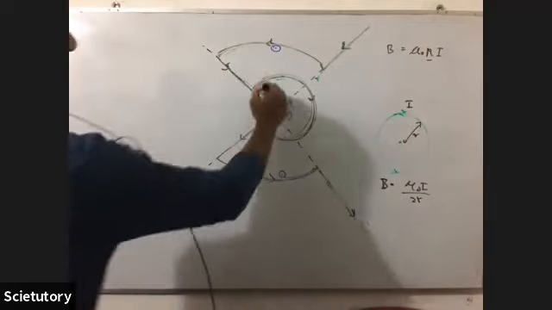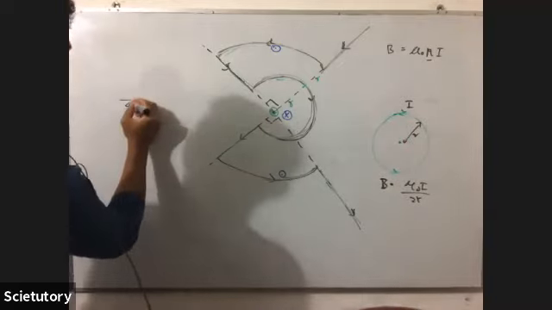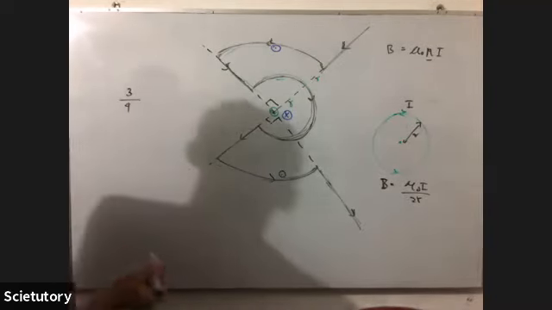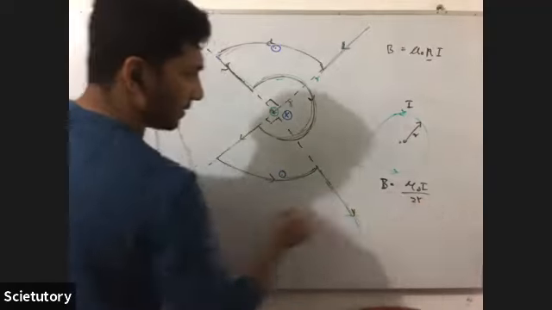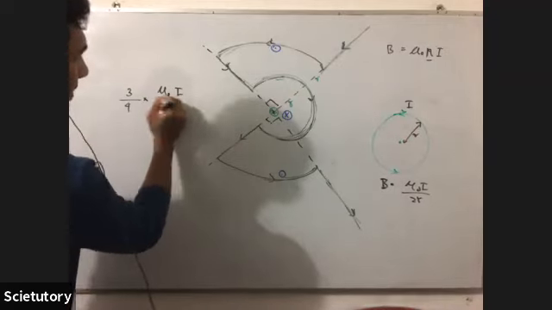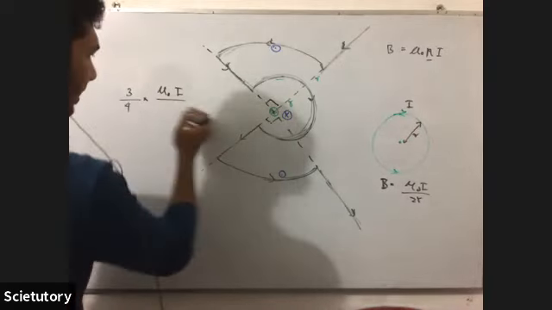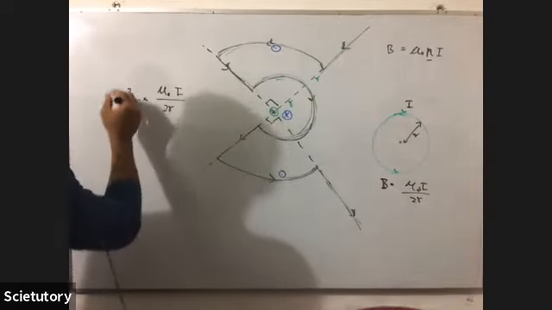So how do you write? First put the fraction, 3 divided by 4. Then write the equation: mu naught I over 2r. Substitute the I, and the r is r, so 2r.